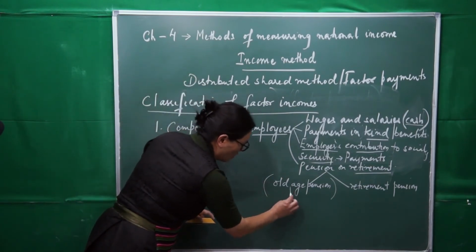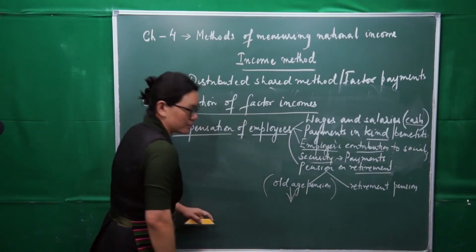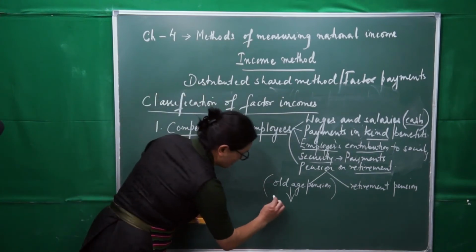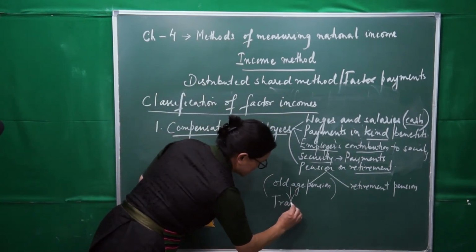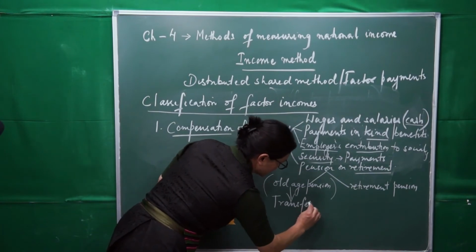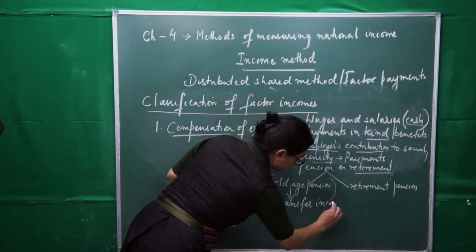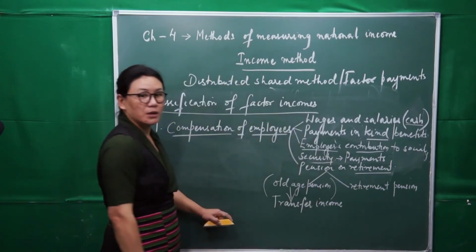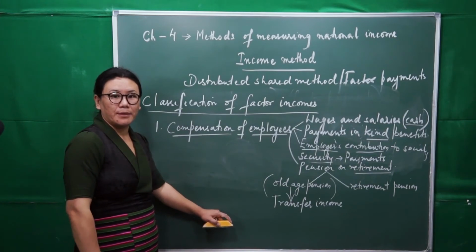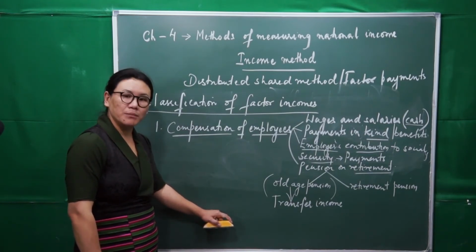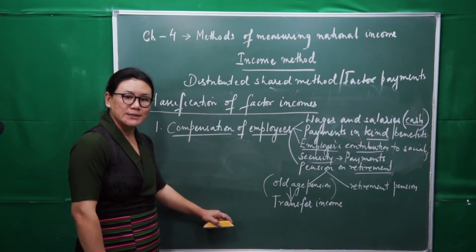Now, this old age pension is nothing but it is transfer income. Now, what is this transfer income? This transfer income can also be called unilateral income.